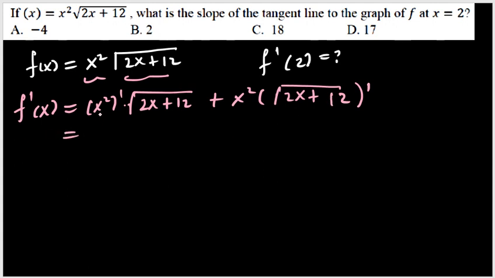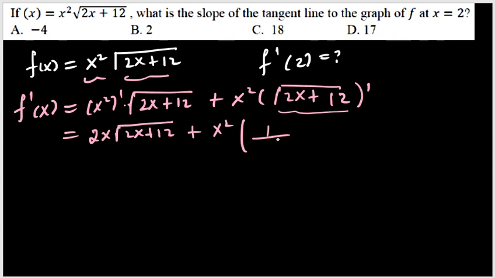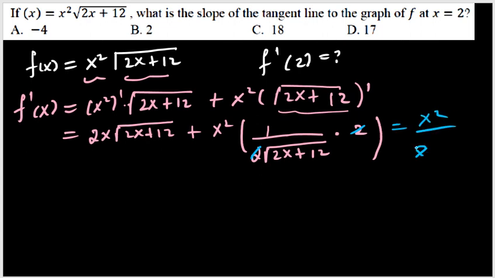Okay, this is equal to x squared derivative is 2x, square root of 2x plus 12, plus x squared times, what is this derivative? 1 over 2 times square root of 2x plus 12, because radical derivative will be 1 over 2 times the radical, times, by chain rule, the inner derivative is just 2, because 2x derivative will be 2. Then we can cancel these 2 with 2, and what remains is x squared over the square root of 2x plus 12 in the radical. This is the second addend, only the second part.